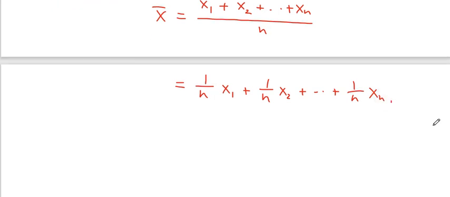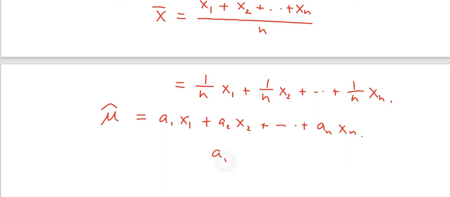Let's consider the general situation. We have this estimate, a linear combination of x1 to xn, equal to a1 x1 plus a2 x2 plus up to an xn. The coefficients ai cannot be negative, so positive, at least 0.